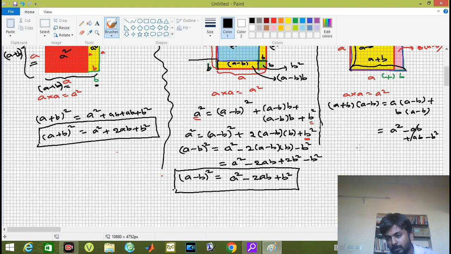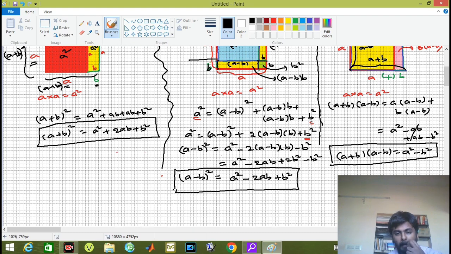So these two terms will get cancelled. So you will have A plus B into A minus B equal to A square minus B square. So this is the result.